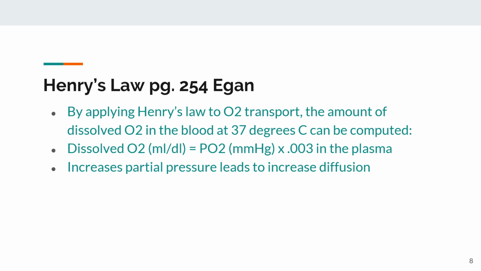By applying Henry's law to oxygen transport, the amount of oxygen that's dissolved in the blood at 37 degrees, which is 98.6 degrees Fahrenheit, can be computed by taking the PO2, let's say it's 80, and multiplying it by 0.003. Okay, so a small amount of our oxygen is actually dissolved in the plasma.